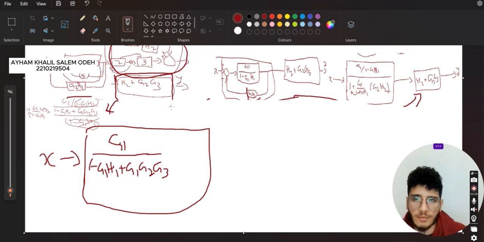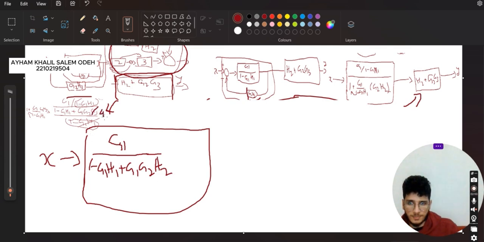Let me check that I've not made any mistake over there. Oh, that's not a G2, that's not a G3. We've got an H2 over here. H2, I'm sorry. And this here is also an H2. Small mistake. Doesn't make a big difference.